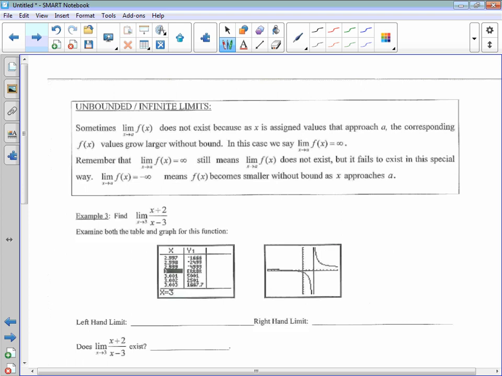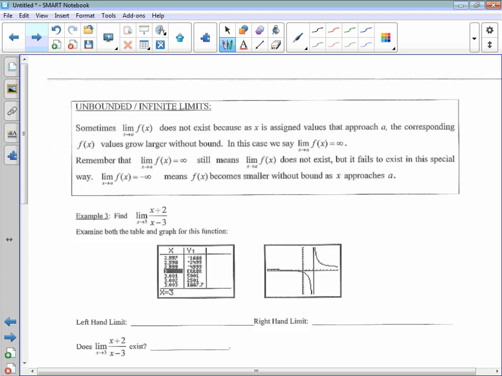So if I asked you the limit from the right, do you guys see how that would be approaching infinity? Is infinity a defined value? Like, is it an actual number? No. So technically, the limit still does not exist, but you can tell me the direction it's going because it does not exist in a very special way. So I'll show you what I mean.